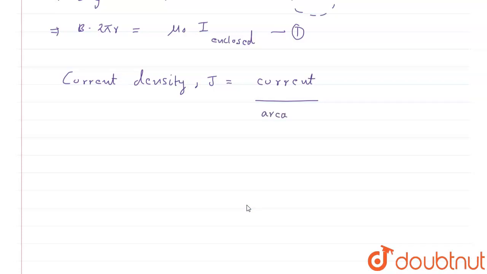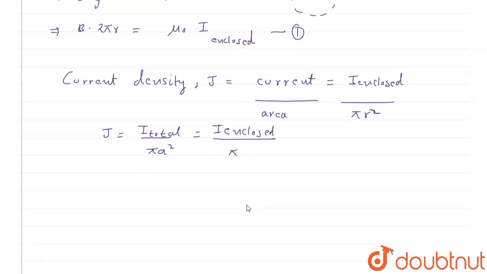It equals the current enclosed divided by the area of this loop, which is pi r square. It is also equal to the total current flowing over the conductor divided by the area of the cross section, which is pi a square.